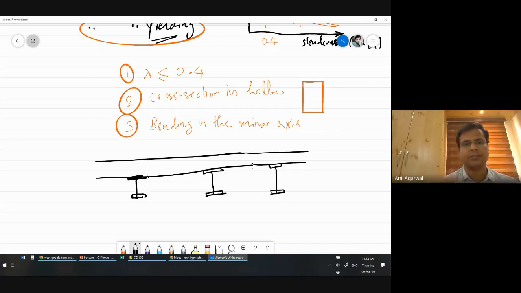There is sufficient friction between the slab and the beam top flange, and it will not allow any lateral movement of the beam. So basically what you are saying is that the slab is providing sufficient lateral support to the beam. But more often than not, you would have some kind of a connector between the slab and the beam, and when you have that, that is obviously going to be sufficient to prevent the lateral torsional buckling.